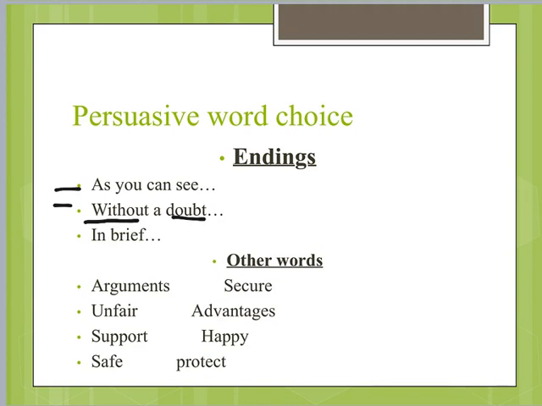Some other words that you could use in the endangered animals topic, or in general in persuasive writing, are: arguments, unfair, support, safe. Use positive words. When you say safe, you make the reader or the audience think, oh, he's looking for safety, so he's right.